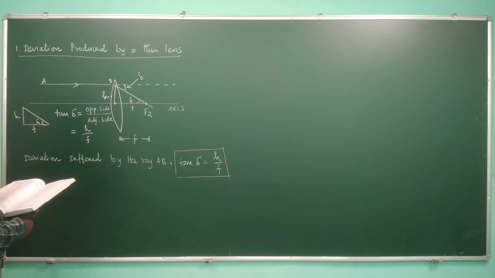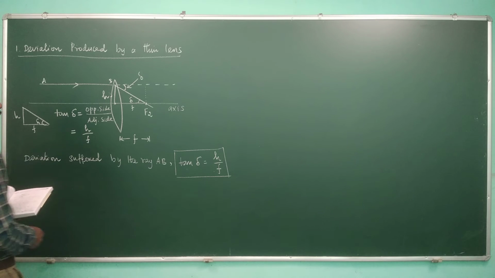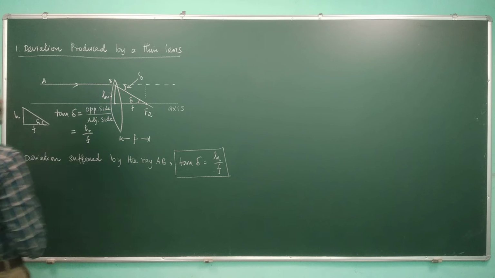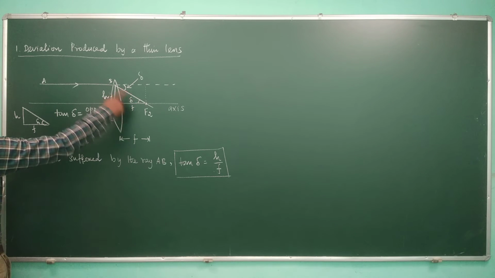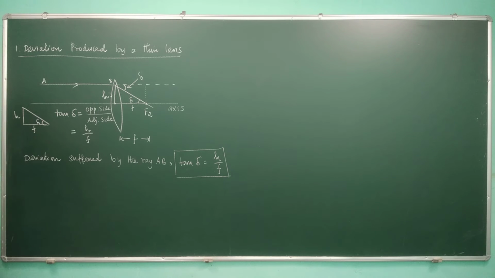This is a simple trigonometric relation. Now for a thin lens, the angle of deviation will also be small, in the paraxial region. What is the paraxial region?